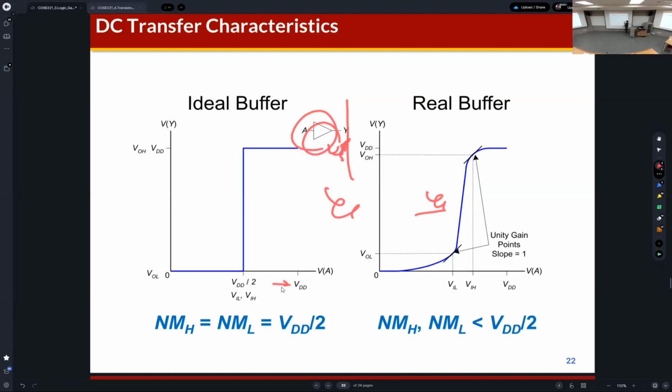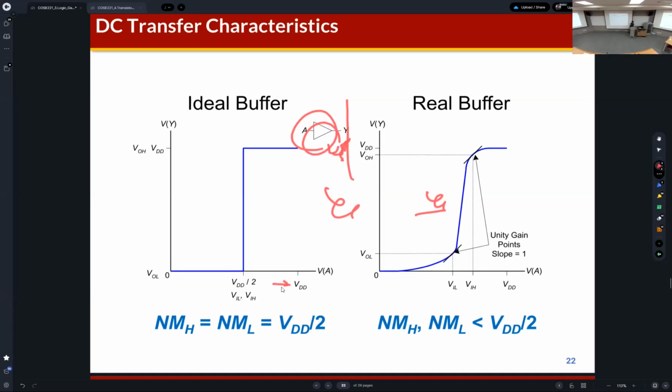This is the generated output range of the ideal buffer. The ideal buffer is tolerable, which means it will generate the ideal 0 if the input is in the range of 0 to half VDD. It will generate the ideal 0.